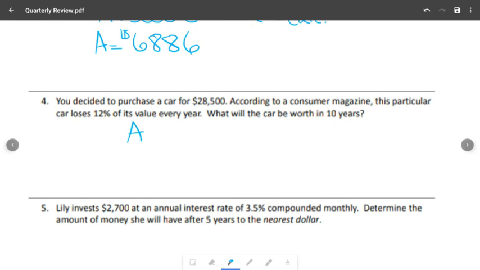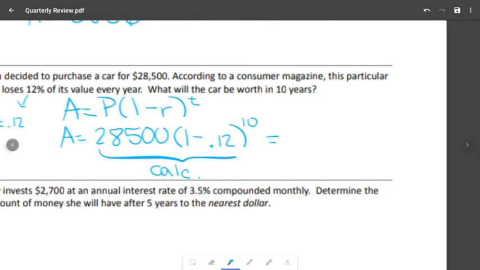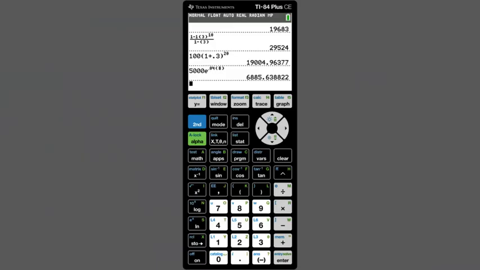So we have A equals P times 1 minus r to the t. So the initial amount is the $28,500. r, remember we are going to take the percent and divide by 100, and we get 0.12. And the time is 10 years. Again, we're just taking this and plugging it straight into our calculator.